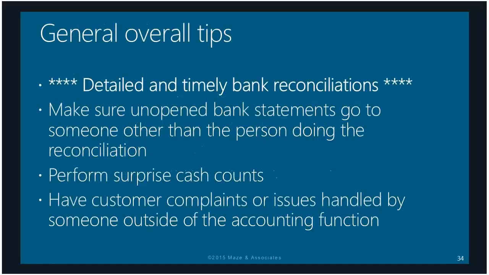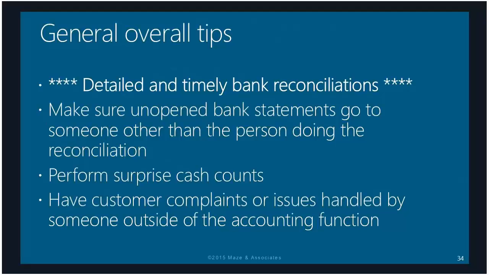So some general overall tips. Again, I keep harping about detailed and timely bank reconciliations, but this is really key for any organization, in particular smaller organizations where you can't afford to segregate all your duties.